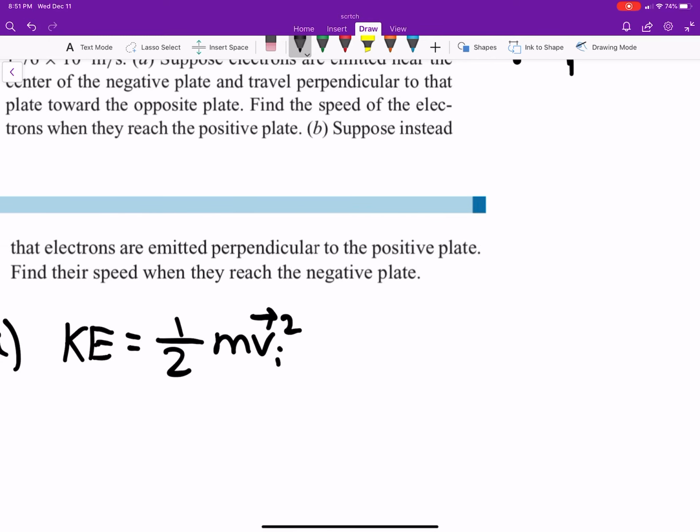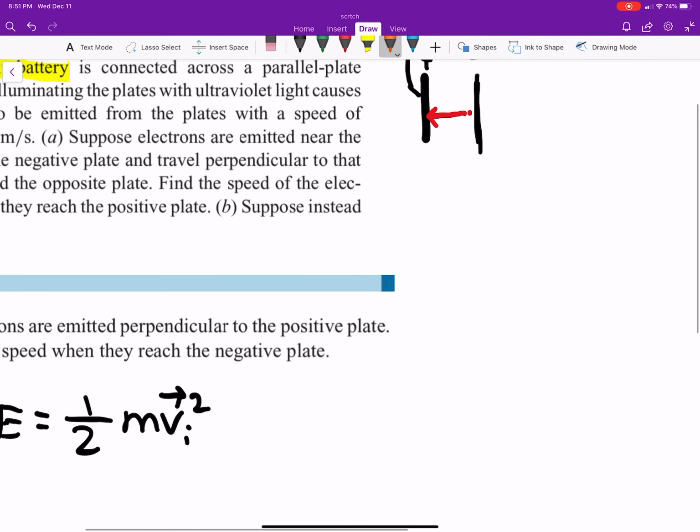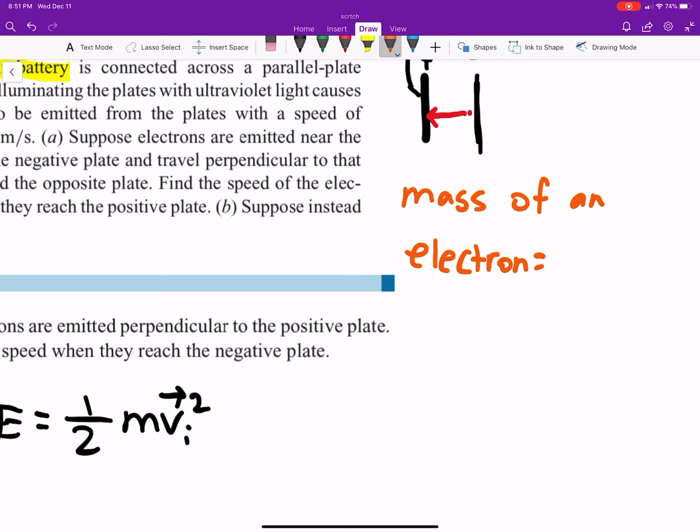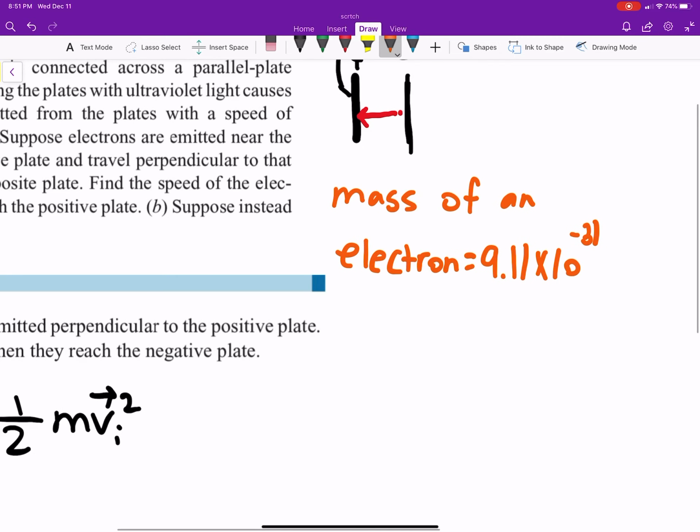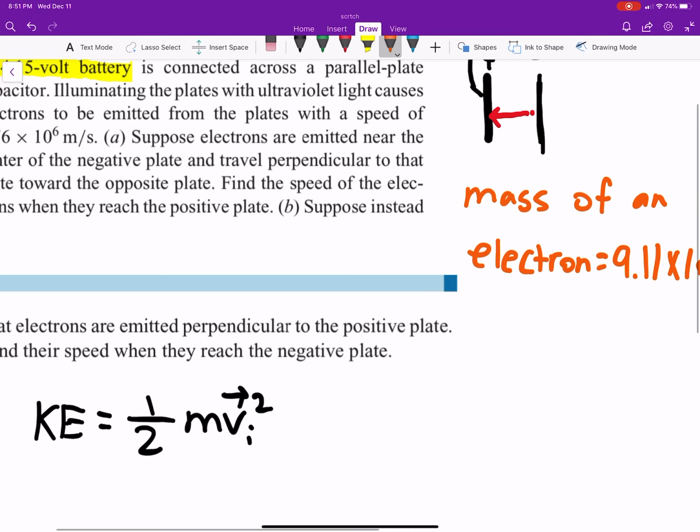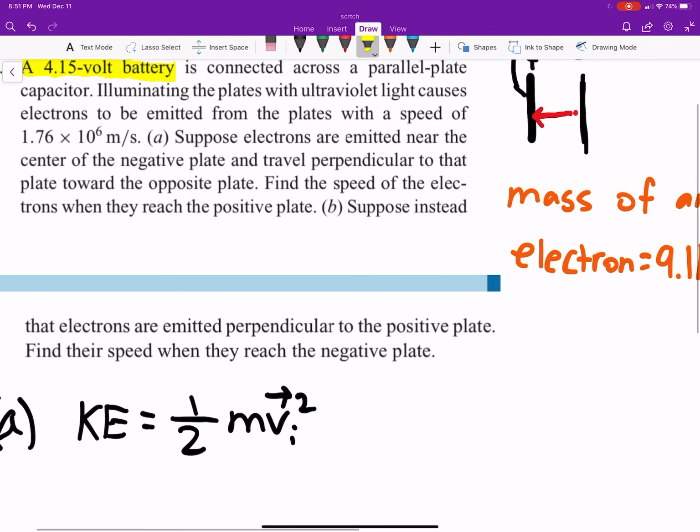It doesn't give us that in the text, but you can look it up. The mass of an electron is about 9.11 times 10 to the negative 31st kilograms. So that's obviously important. And then the speed it actually gave us right here.